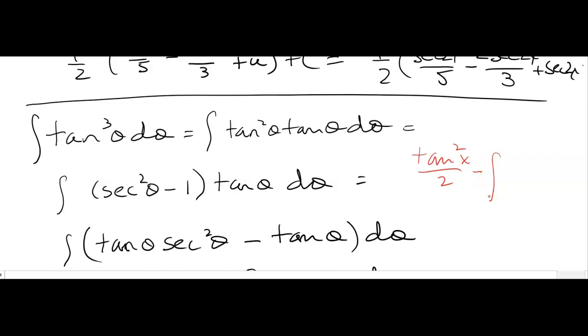If you want to memorize these reduction formulas, you need to memorize them for all the trig functions. Minus the integral of, so with an exponent of 3, subtract 2, tan x dx.